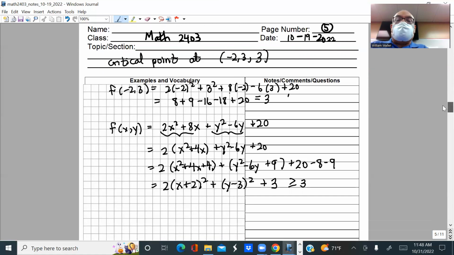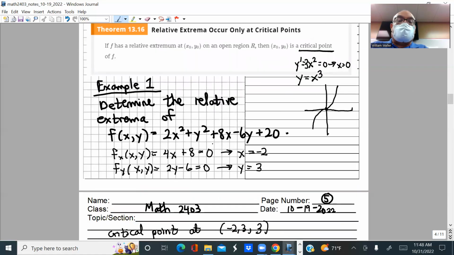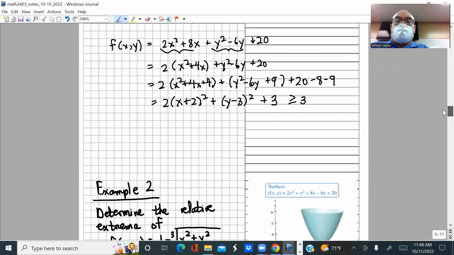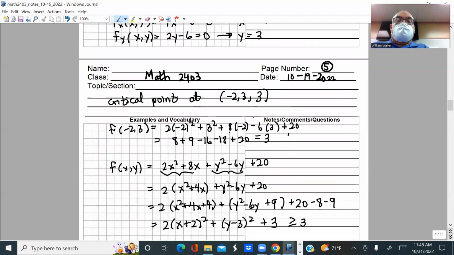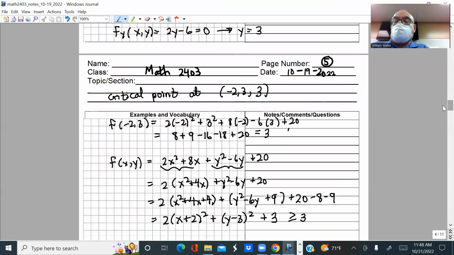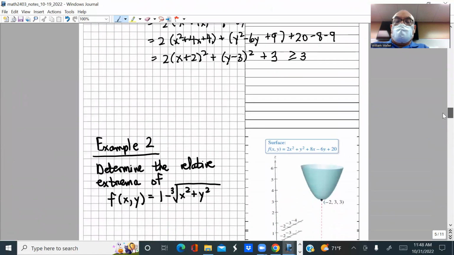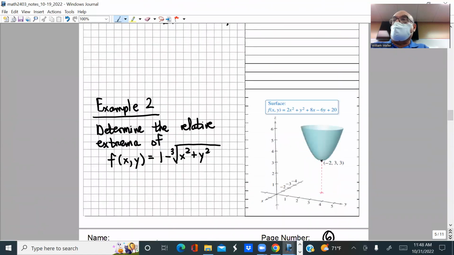And if you graph this surface, you can see very easily that this point, (-2, 3, 3), really is not only a local minimum, it's an absolute minimum because the surface looks like this, okay? And there's the point (-2, 3, 3), right?